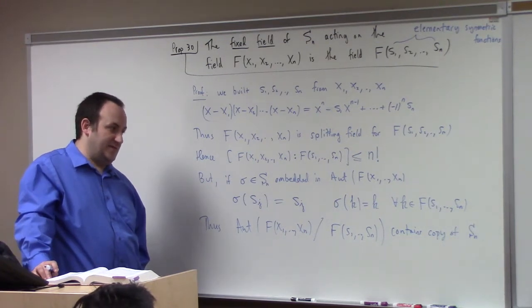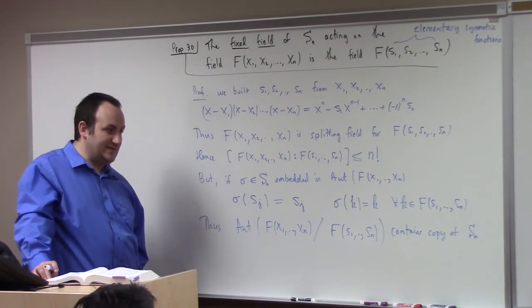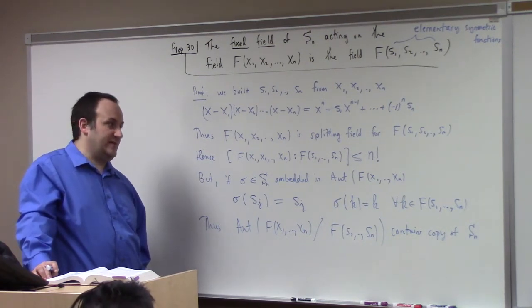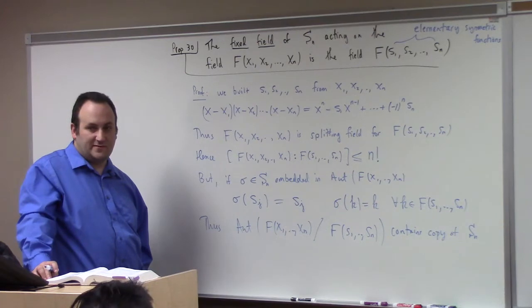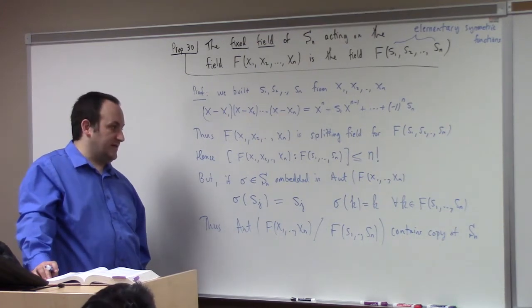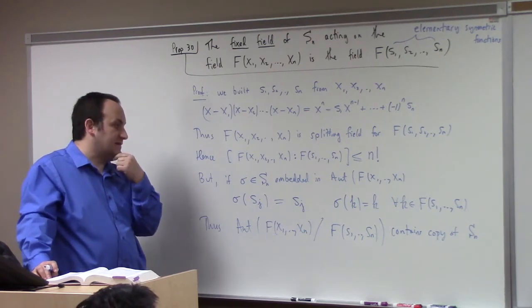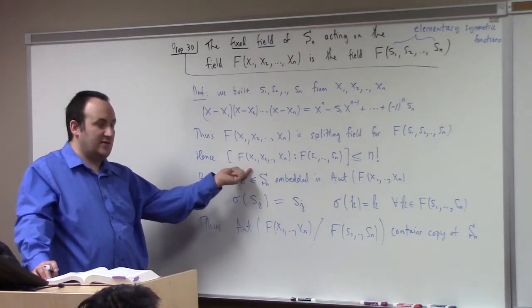But that set of base field fixing automorphisms is at least n factorial big because it's got a copy of Sn in it. But on the other hand, it can be at most n factorial big because of our initial observation up there. Consequently, it follows that the degree of this extension is in fact equal to n factorial.